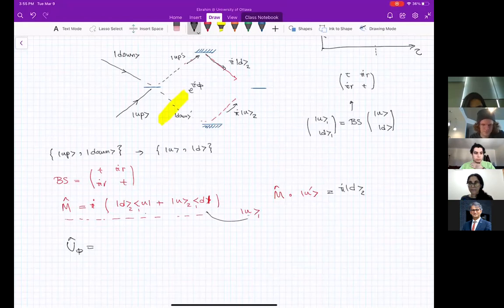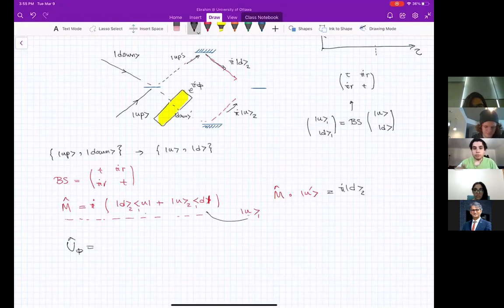Wait. Look at the figure, right? Which part of the beams will get the phase? Down part or up part? Do you see the yellow? Yeah. I mean, if that's an element, I suppose the down part is getting it.